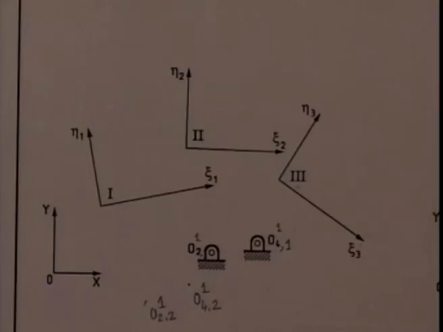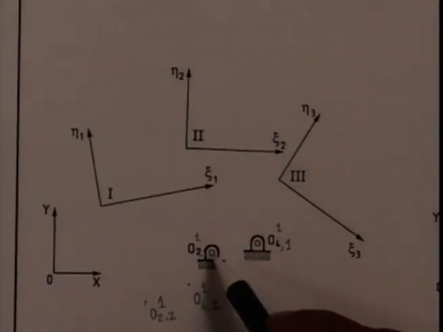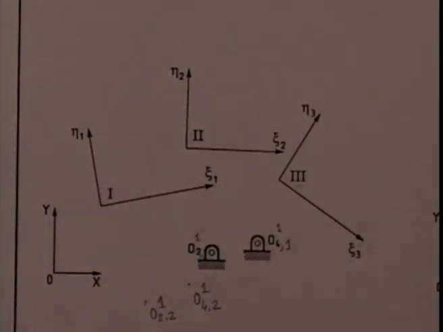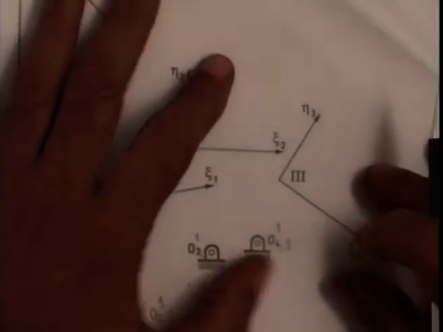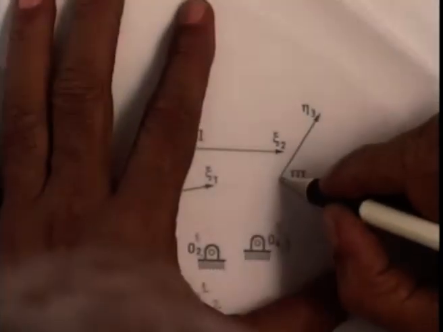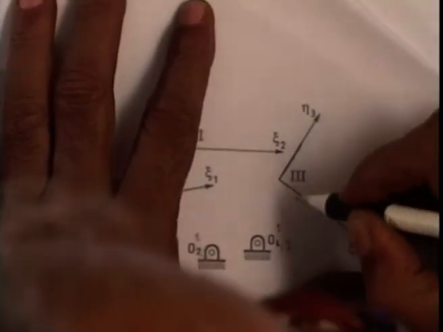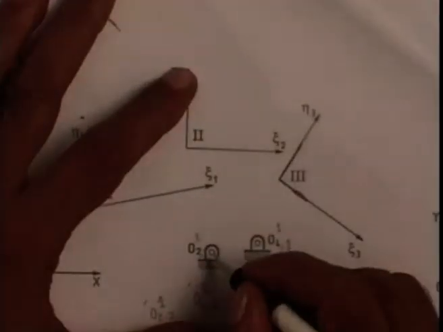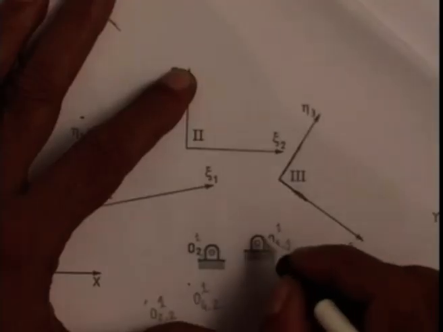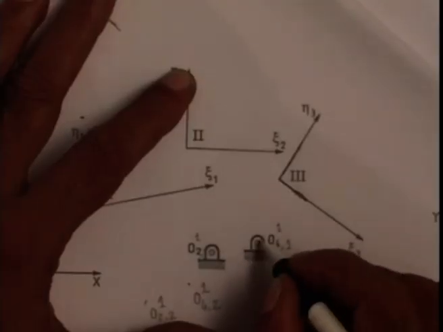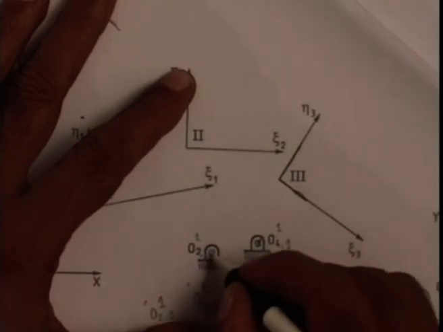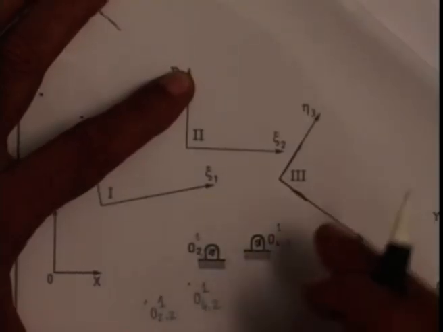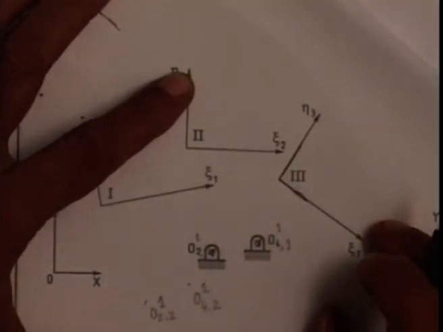I hope it is clear how I get the inverted position of these two fixed pivots if I hold the coupler fixed in the first position. Then we take the tracing paper again, draw eta 3 and zeta 3 and mark this O2, O4. I mark it by putting a cross. So this is the relative position of O2, O4 with respect to the coupler in the third configuration.